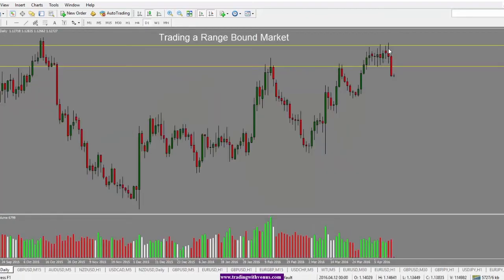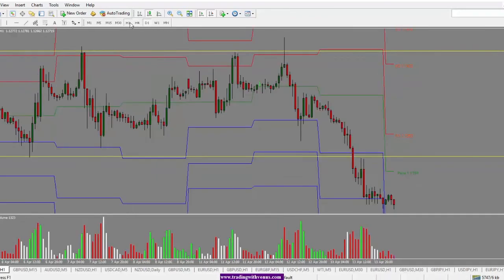When we look at our daily candle from yesterday, we saw a nice rejection, a big stop run to the top here, and the price then came back and closed back within the range. Now this is a good indication that the price will at least go and test the bottom of the range, and then we would be looking for the price to break out through that range.